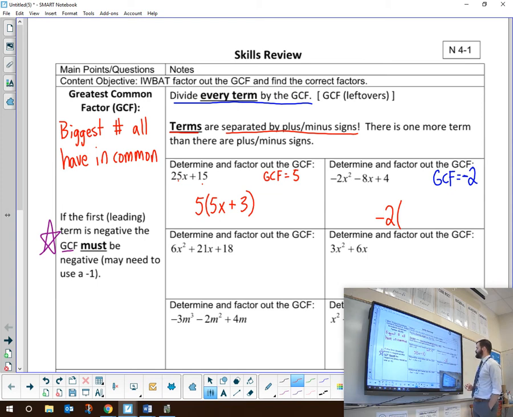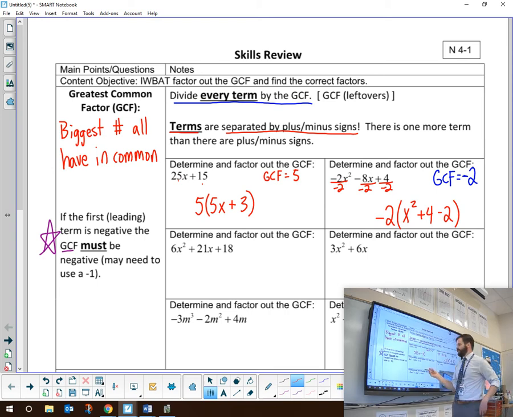That means we're going to have to divide each one of these by my GCF, okay? Negative 2x squared divided by negative 2, as we pull it out, is just going to be a positive x squared. Negative 8x divided by negative 2 is going to be a positive 4x. And 4 divided by negative 2 is going to be a negative 2. Okay? So that's all we're doing. We're just pulling out GCFs.